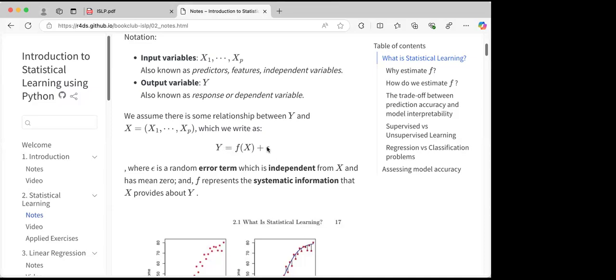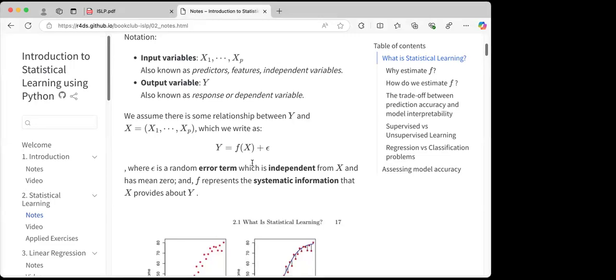And epsilon is the error term, which is independent of x, and it has a mean of 0. Later we'll see that epsilon has its variance, which we don't know. For that reason, we'll always have some error in our estimation of f.